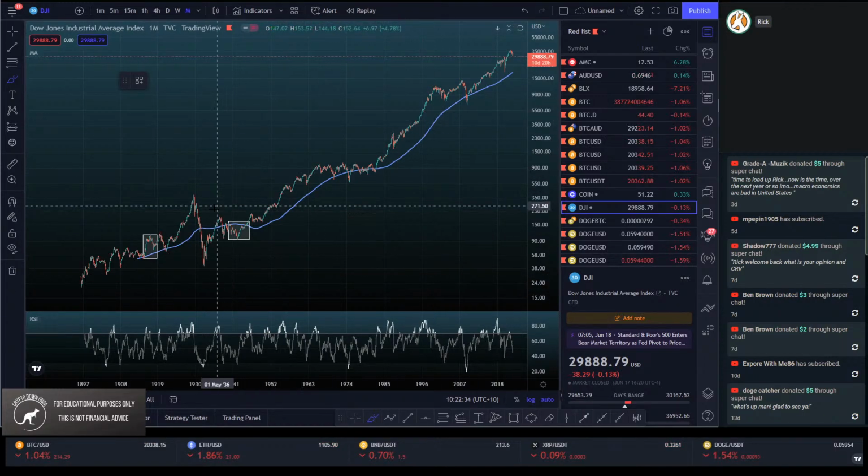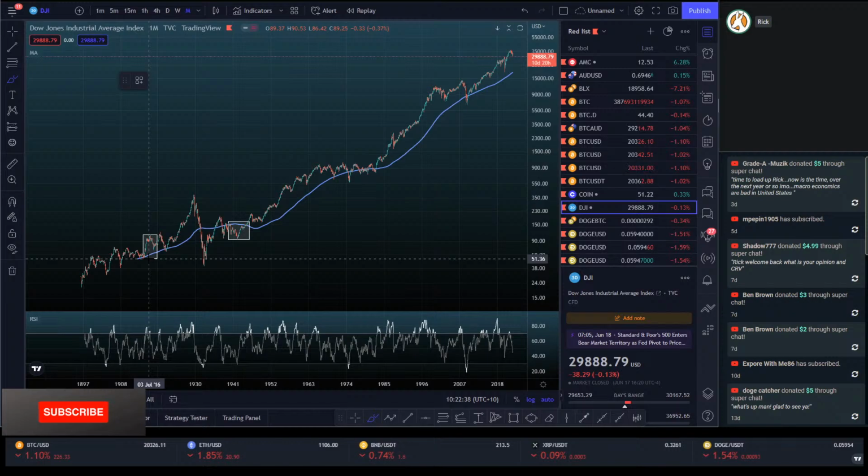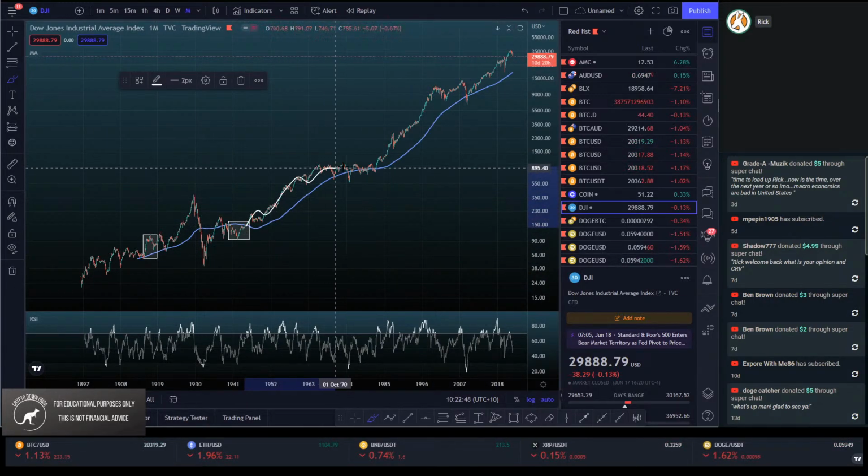It always comes back stronger. Naturally, as society moves forward with technology and economies and population grow, the markets reflect that growth. So things move up, inflation rises, all that stuff.